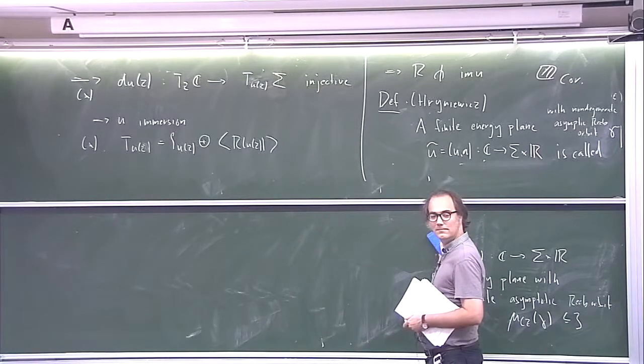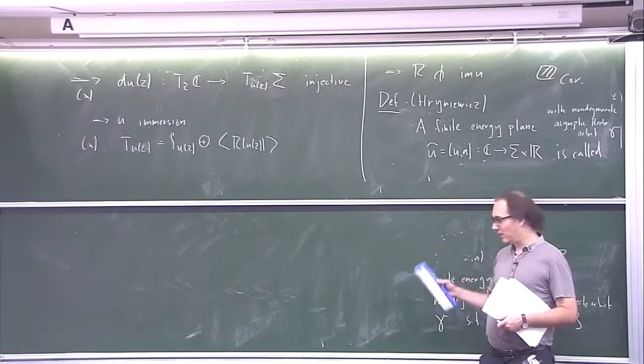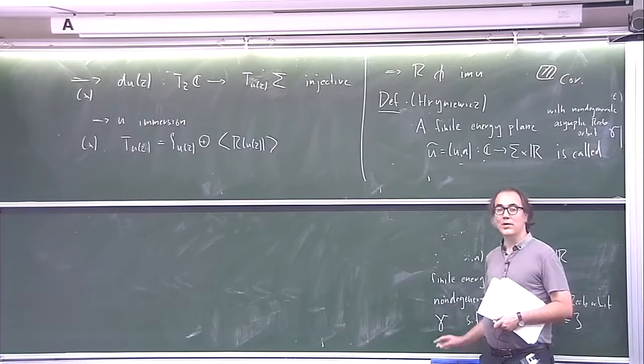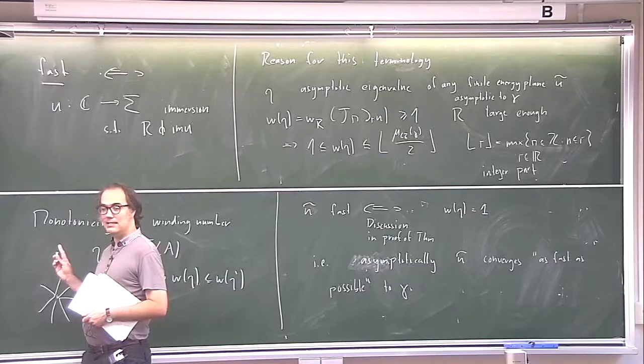Let me make sure: if my finite energy plane is fast, then the periodic orbit has Conley-Zehnder index 2 or 3. Always, not otherwise. So the discussion we had implies that if the Conley-Zehnder index is 2 or 3, then everyone is automatically fast. And does fast imply the reverse?